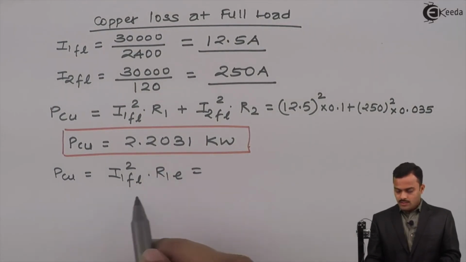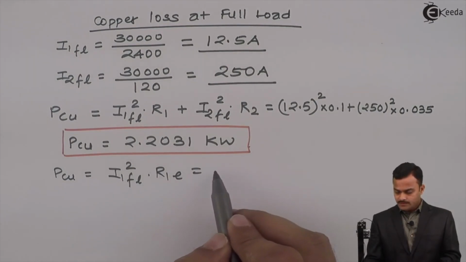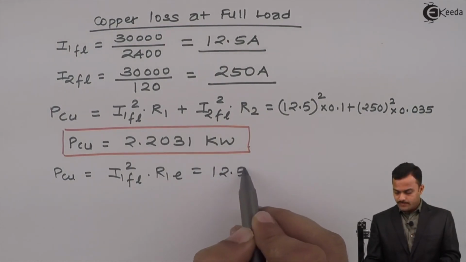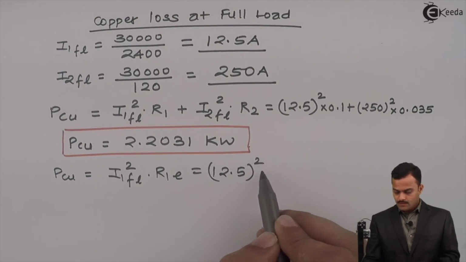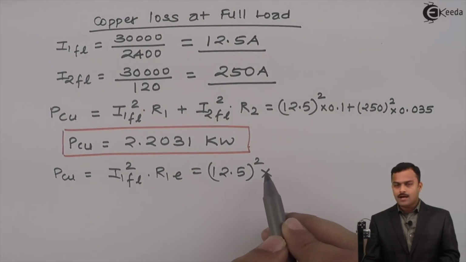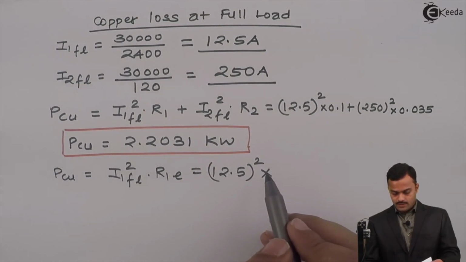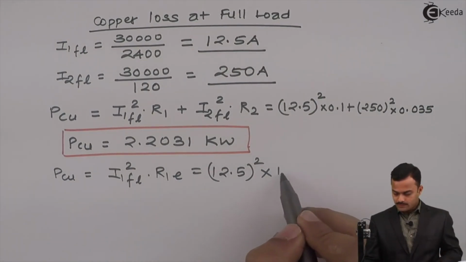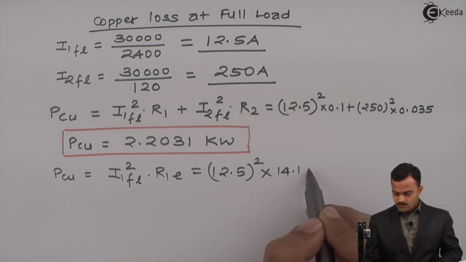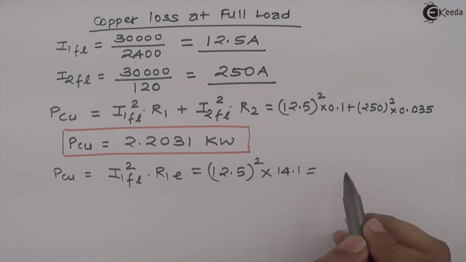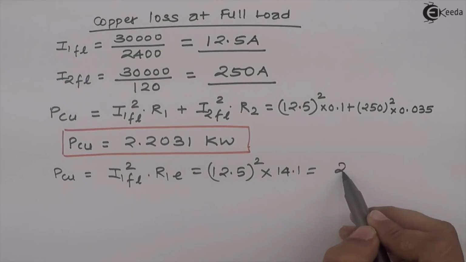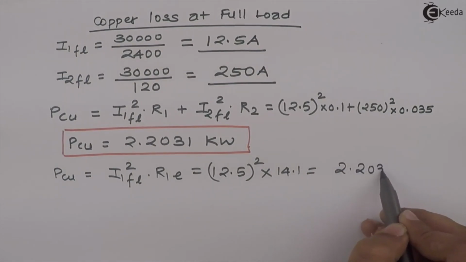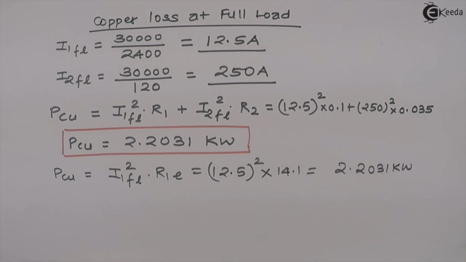So if I use this, it will be 12.5 square multiplied by R1E. R1E we got 14.1. If I solve, I will get the same answer, 2.2031 kilowatt.